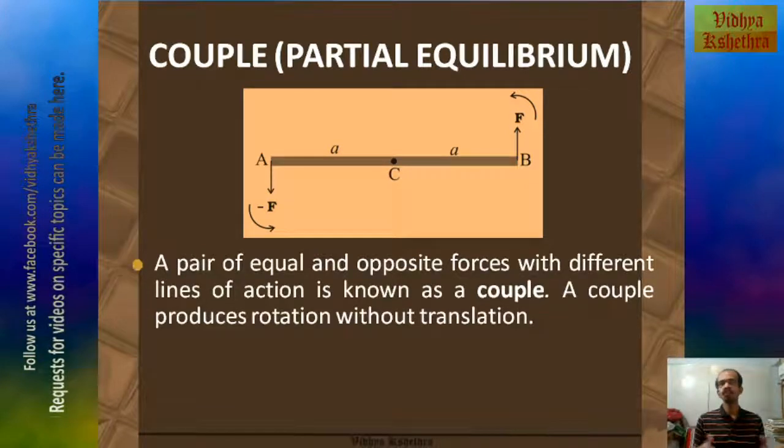A pair of equal and opposite forces with different lines of action is known as a couple. A couple produces rotation without translation. Since the forces are equal and opposite, there is no translational motion. Only rotational motion occurs. That is, only torque is experienced by this rod.